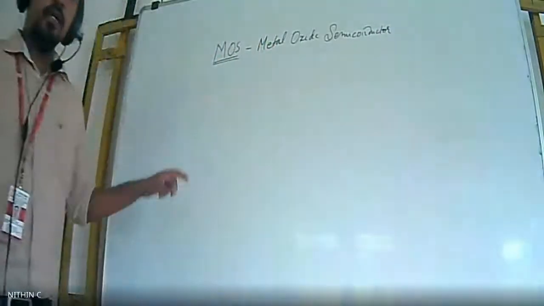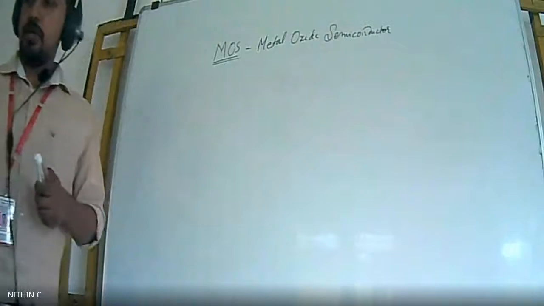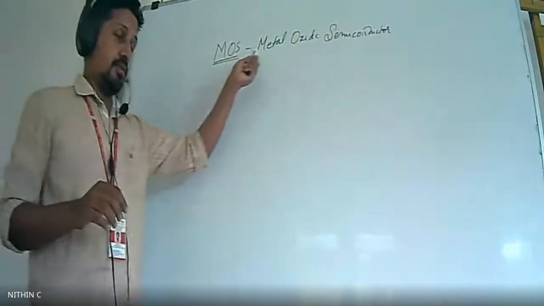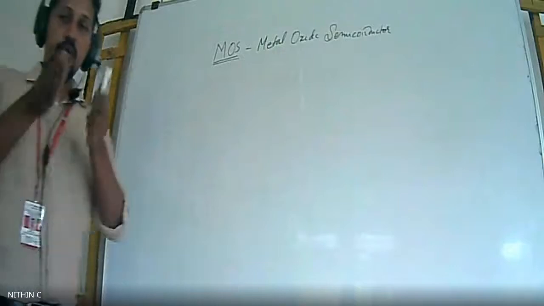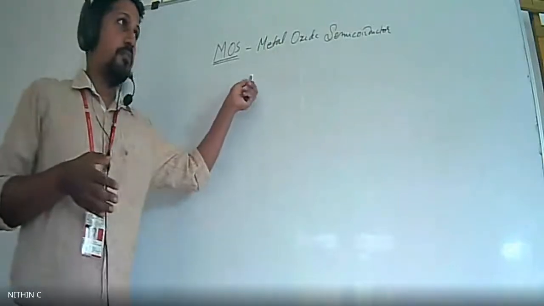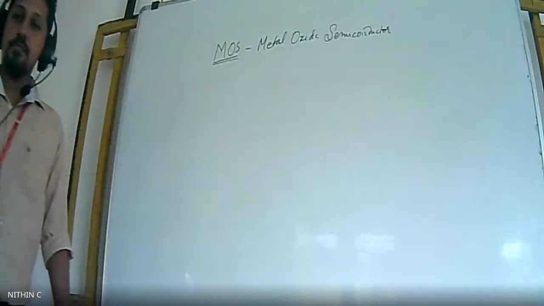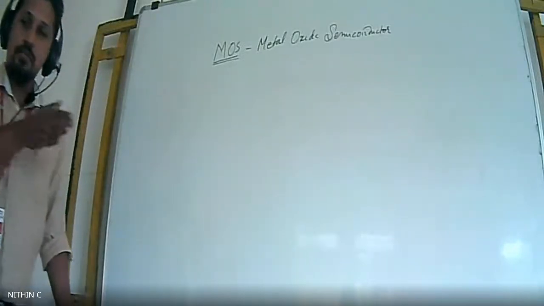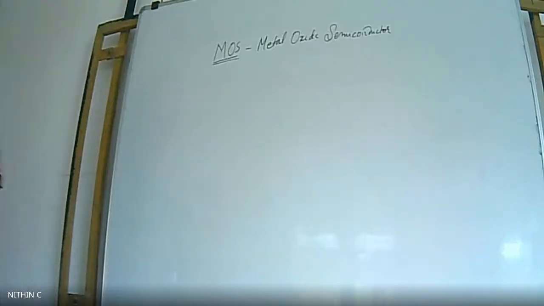We have learned metal semiconductor contacts, but we are not familiar with this metal oxide semiconductor. There is an oxide layer coming in between the metal and semiconductor. That's the difference. So this is what you are going to learn now, metal oxide semiconductor.